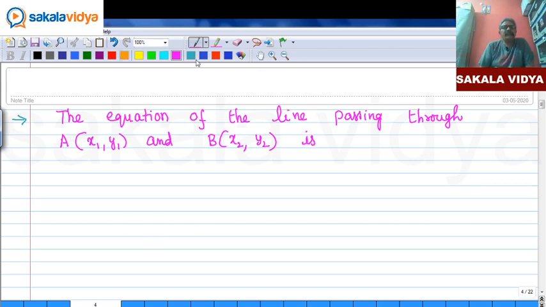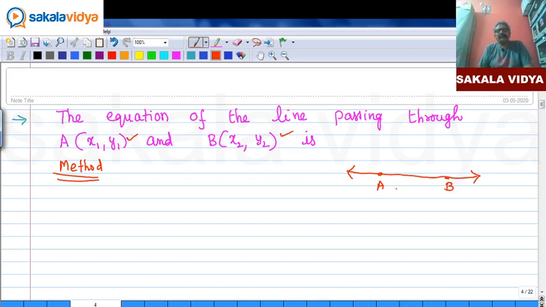See, this can be evaluated like this. This is the line equation you need to find, which is passing through point A and point B, whose coordinates are given, A (x1, y1) and B (x2, y2). Let us take P (x, y) any point on the line.